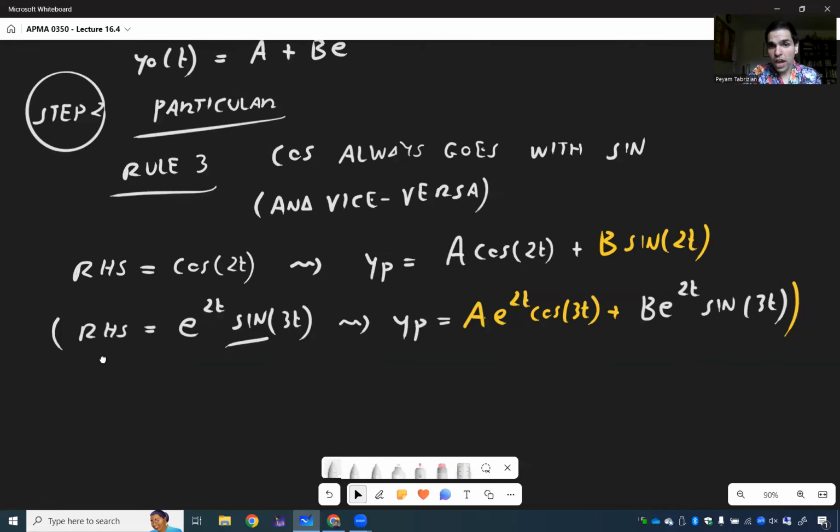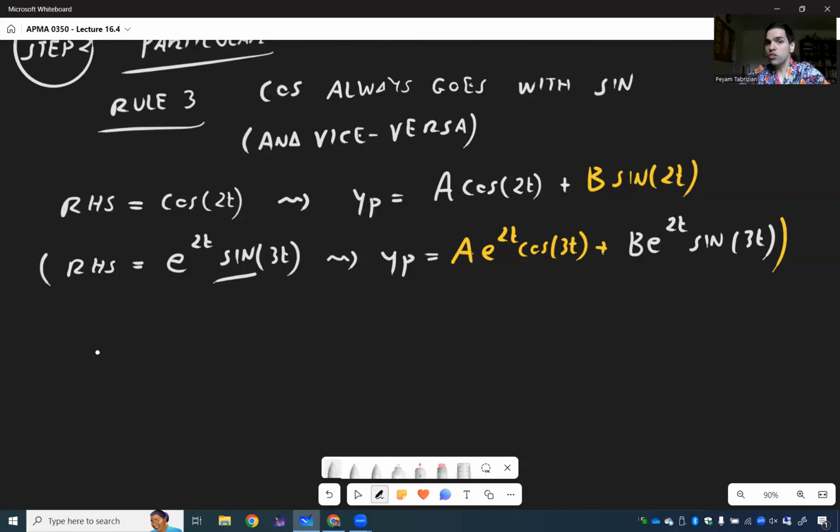All right, so now we guessed yp to be this linear combo of sines and cosines. Now we have to plug it in. So yp double prime minus yp prime is cosine of 2t.